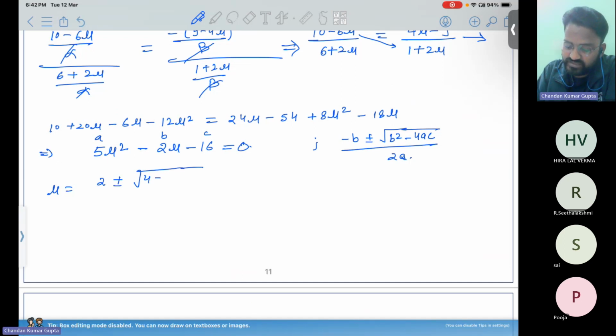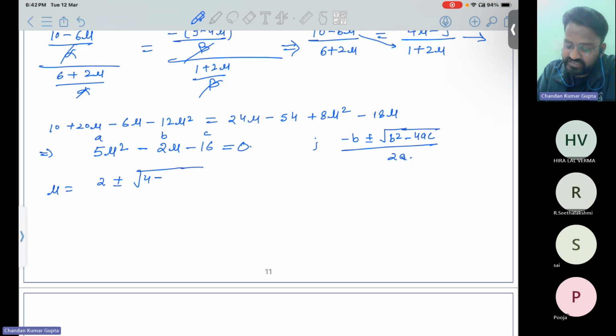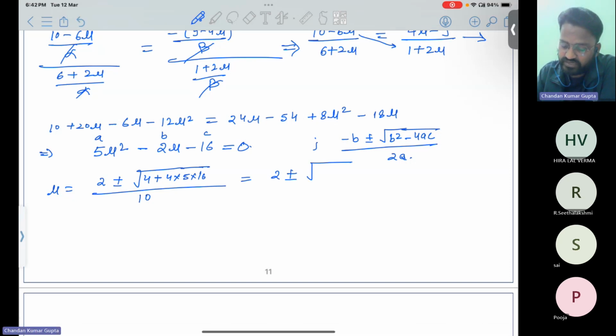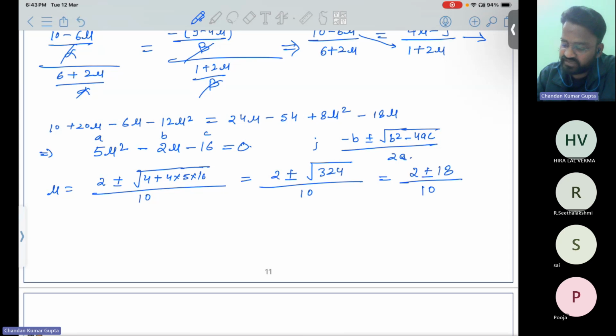Here it is minus and c is also minus, so it comes out to be plus 4 into a into c, upon 2a. 2 into a is 10. So 2 plus minus root of 324, divided by 10. 324 is actually the square of 18. That is 2 plus minus 18 divided by 10.